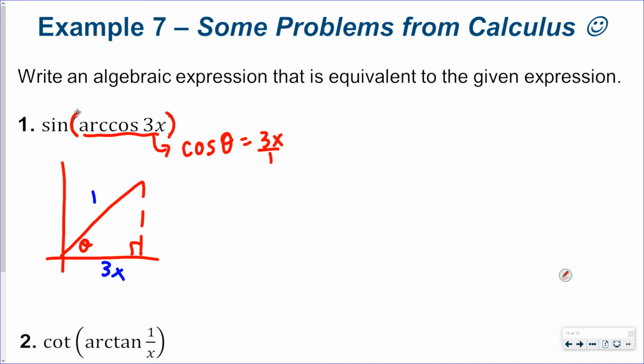Okay. So basically what I want to do is take the sine of that angle, because like I said, we're calling this angle theta, some angle. For sine, I need to know the opposite side, which is unknown here, over the hypotenuse of 1. How could we find that unknown side?